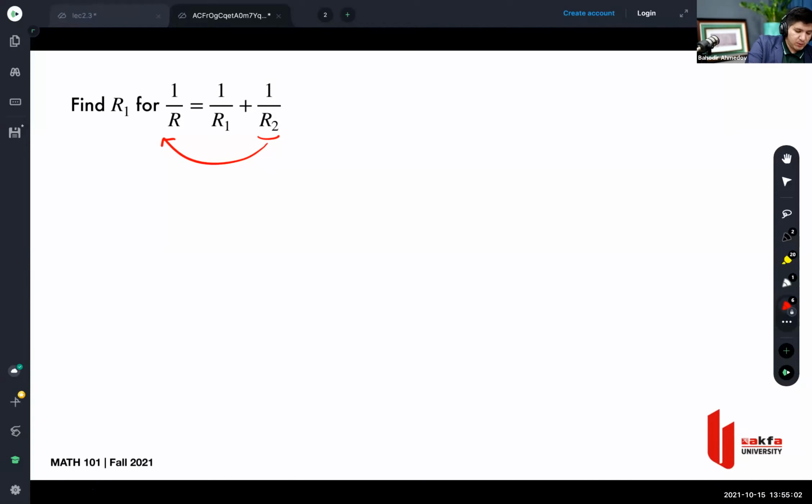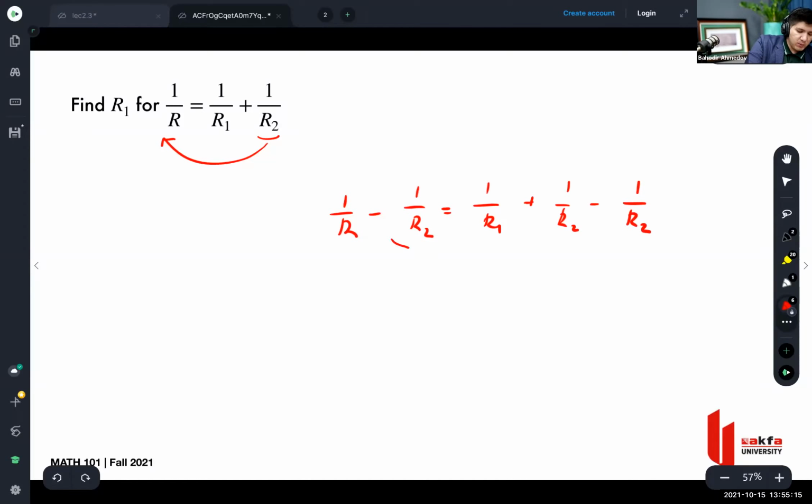So it's going to be 1 divided by R minus 1 divided by R2 is equal to 1 divided by R1 plus 1 divided by R2 minus 1 divided by R2. So what I did is I just subtracted 1 divided by R2 from both sides of the equation, okay? Because the idea is I would like to get rid of this R2 on the right-hand side. Then on the left-hand side, I would just give a common denominator.